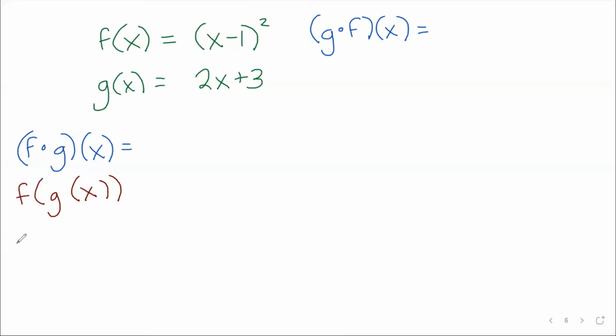So let's do that. F of x is defined as x minus 1 squared. What we're doing is f of g of x. We know what g of x is. It's 2x plus 3. So every place I see x, I replace it with 2x plus 3.